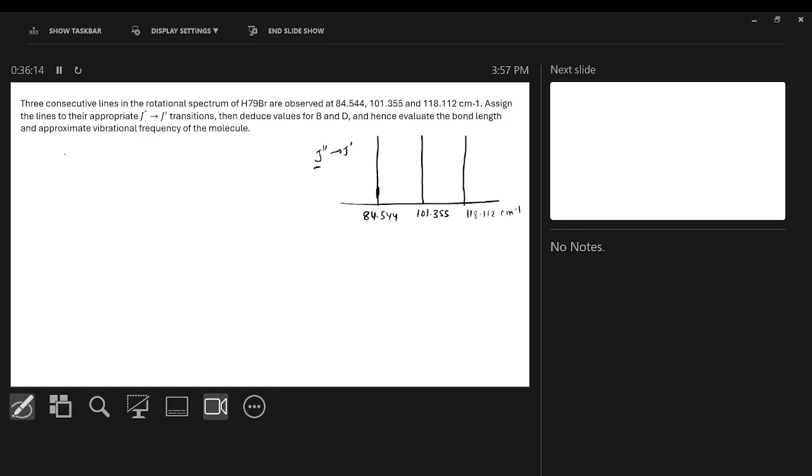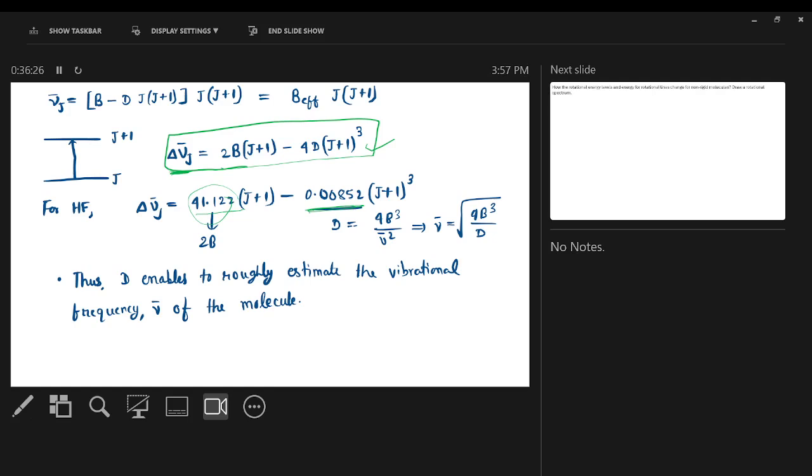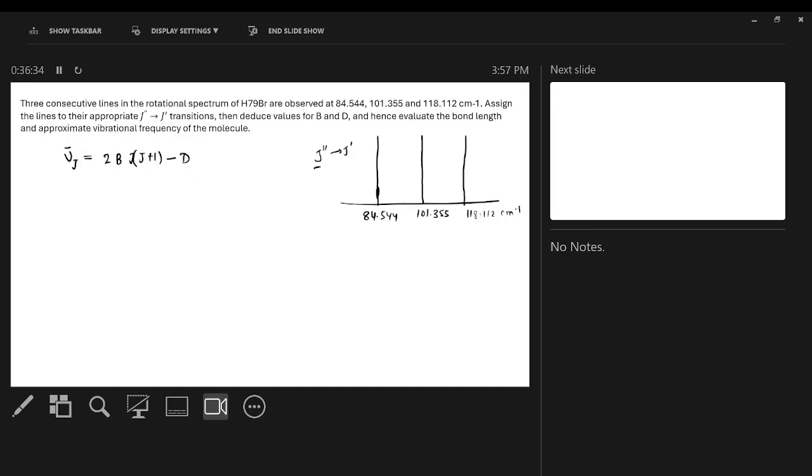So the frequency of some Jth level is given by 2B (J plus 1) minus 4D (J plus 1) whole cube.